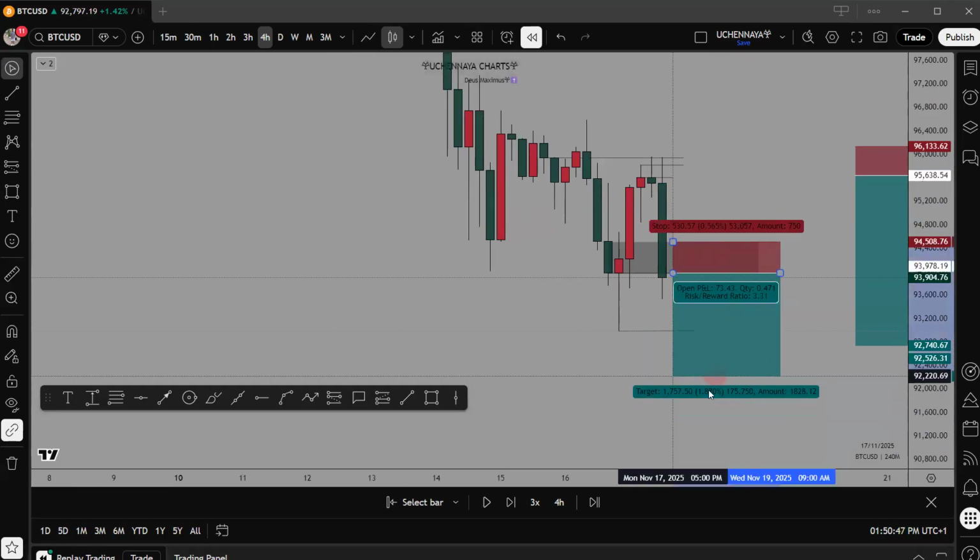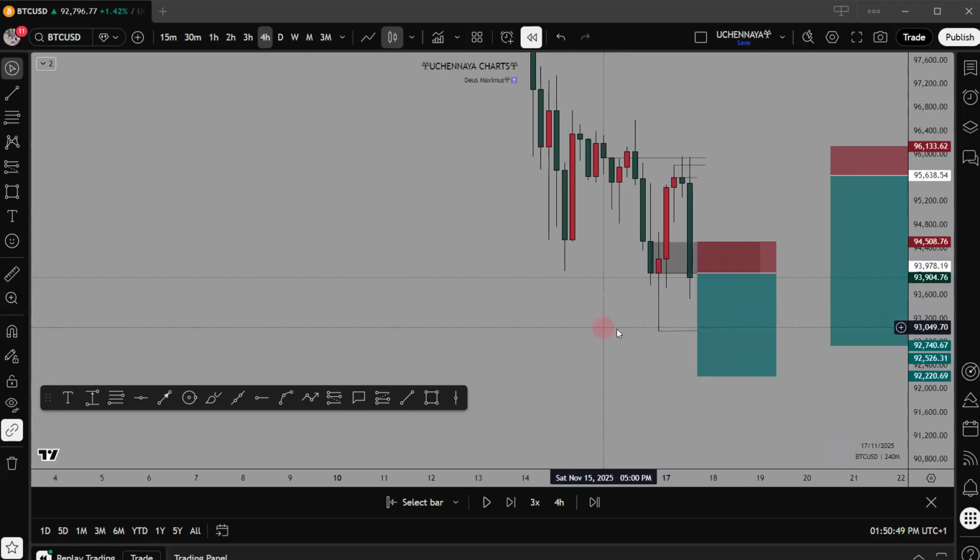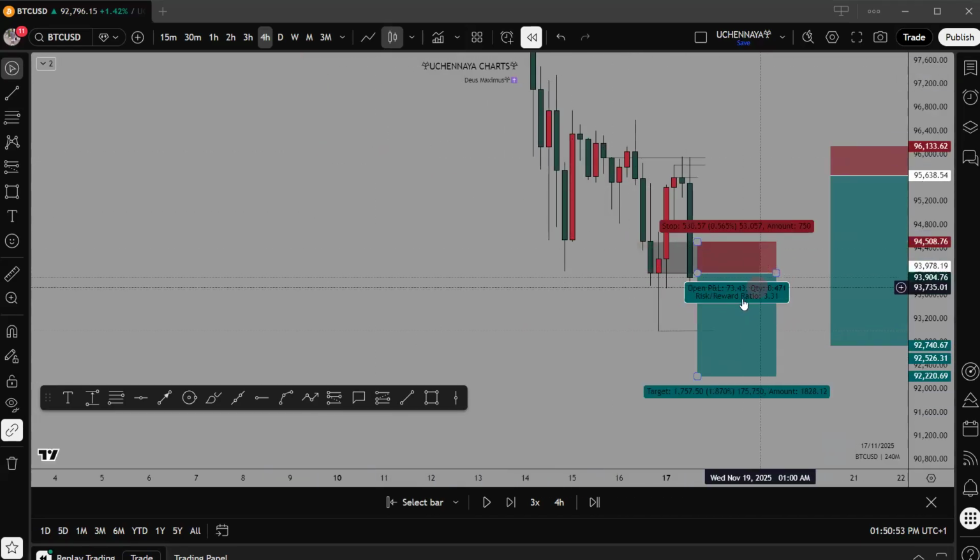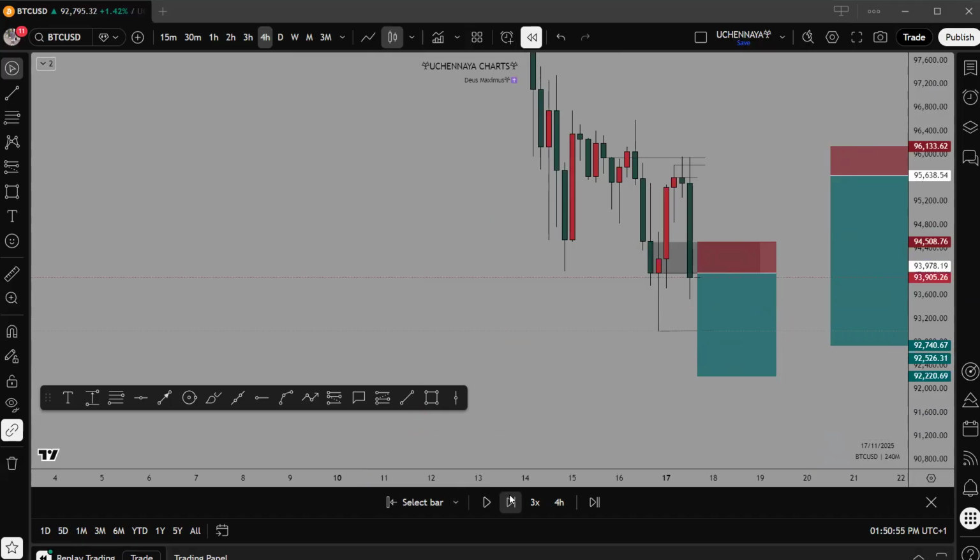I don't know where you are targeting or how many RR you are targeting, but remember we are on a higher time frame. But that will be my stop loss. This is your normal SMC order block.